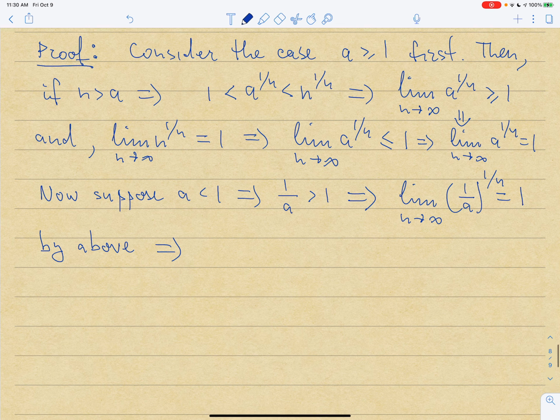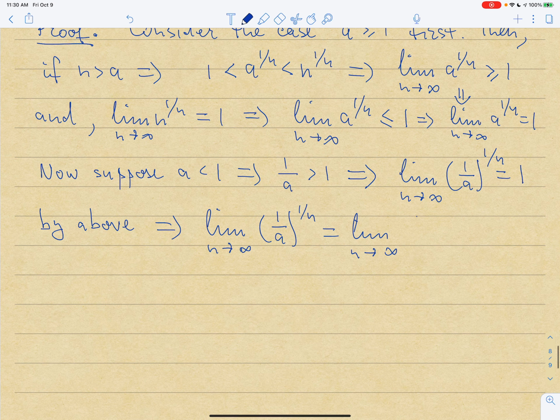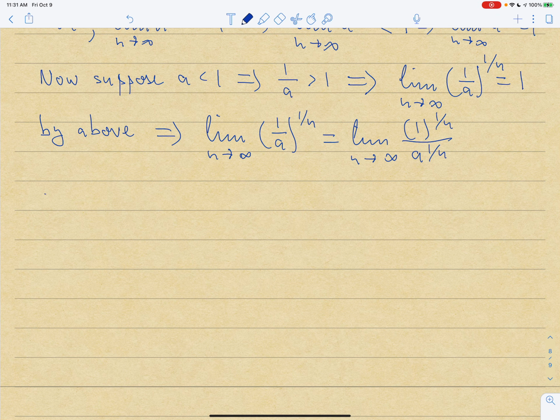Okay, but then what is the limit as n goes to infinity of 1 over a to the power 1 over n? I can always write 1 over a to the power as top to the power divided by the bottom to the power, 1 to the 1 over n over a to the power 1 over n. 1 to any power is 1, so this is the same thing as the limit as n goes to infinity of 1 over a to the power 1 over n.